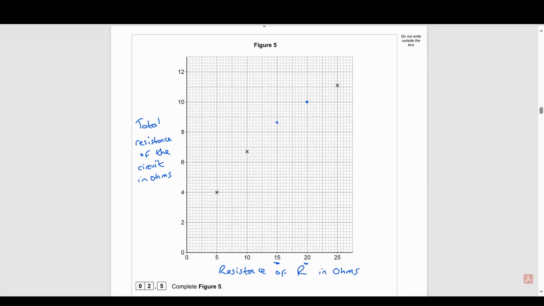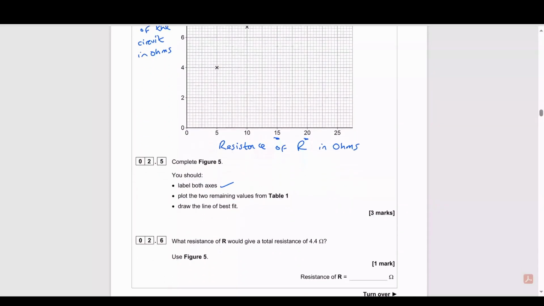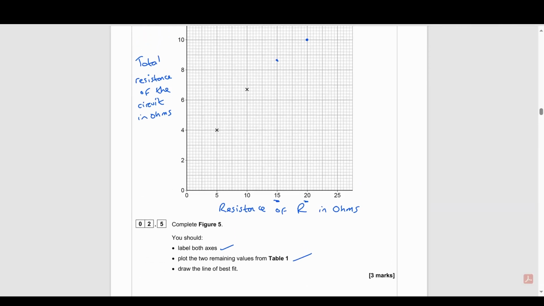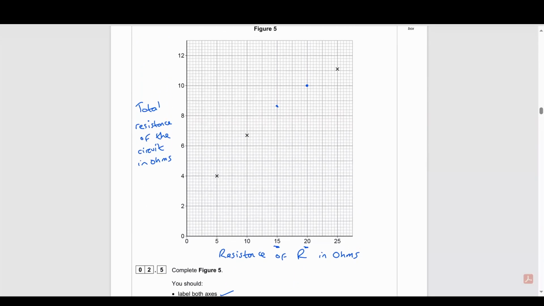So from there now, we need to plot our line of best fit because we've done our second point. So we need to draw a line of best fit now. So our line of best fit can be a nice curve going through the points.